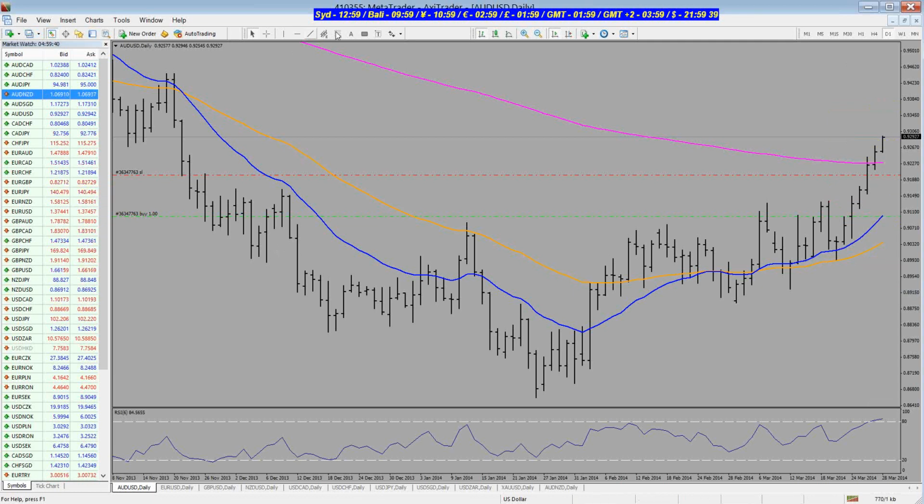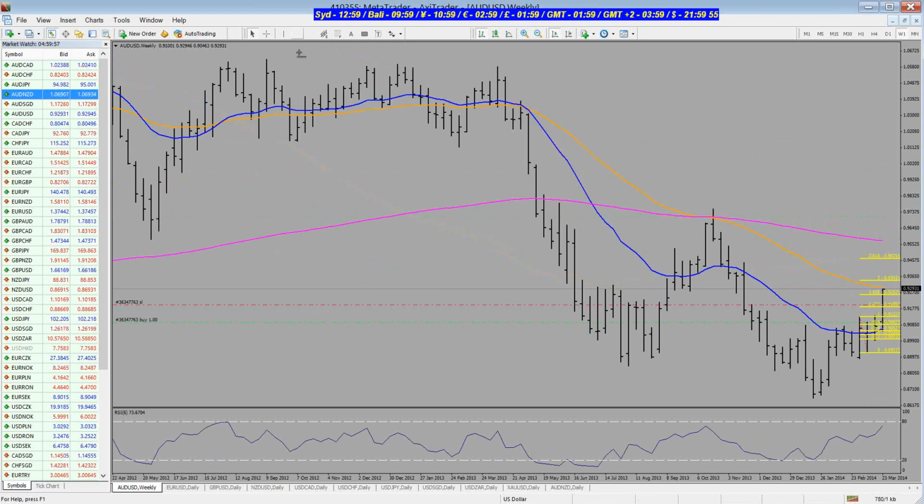So if we do the extension on this one here, the last little phase 2, we're certainly in the zone. There's a bit of resistance over here from this low. If we look at the weekly, you've got a bit of resistance across here.